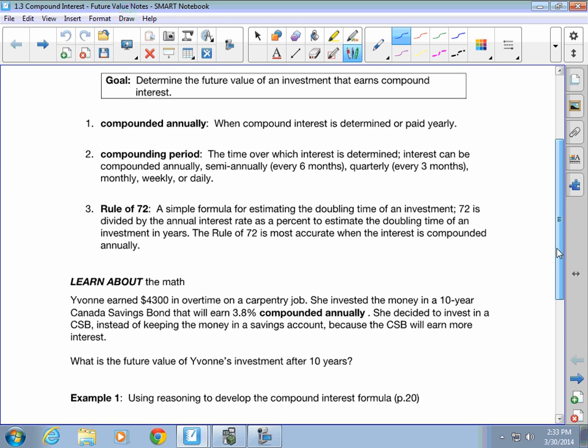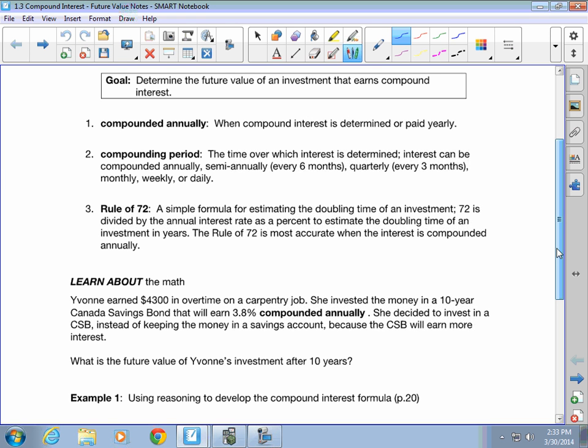Compound interest means that you have your investment or your loan, whatever it is, and you pay interest on your interest. Something compounded annually means that the interest is determined or paid yearly.